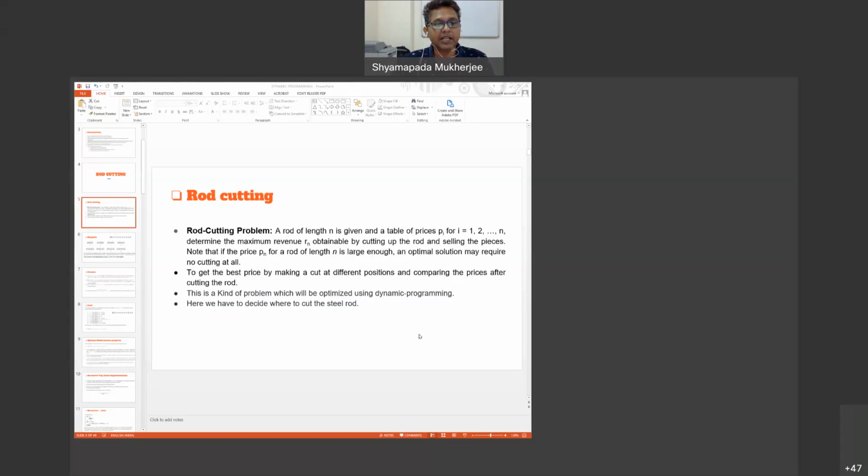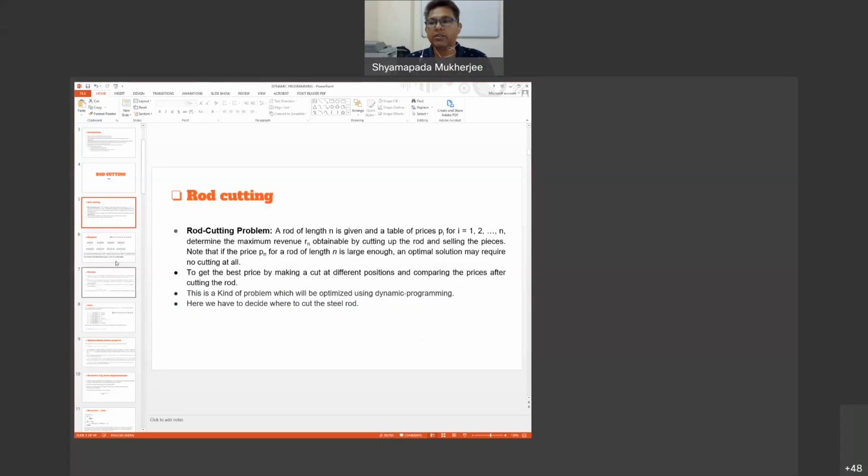The problem is to find the position from the left end of the rod where we need to cut so that the two parts give the optimal price. This is an optimization problem, as I said, to be solved using dynamic programming.